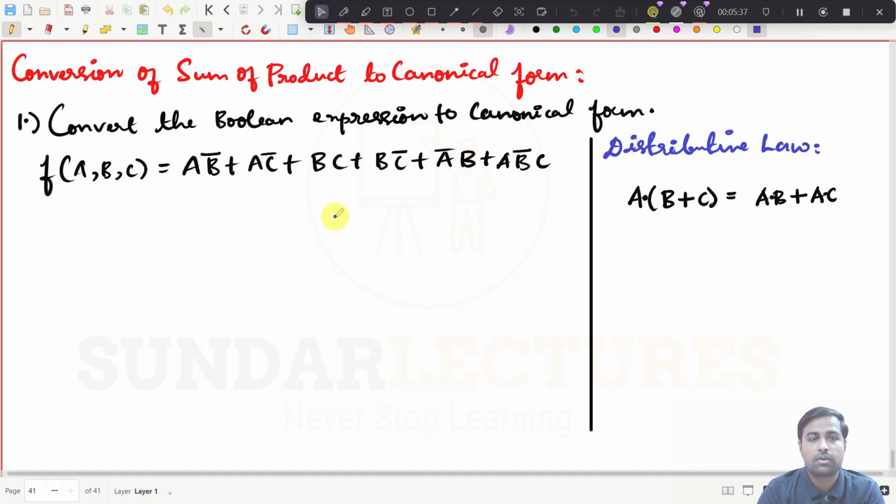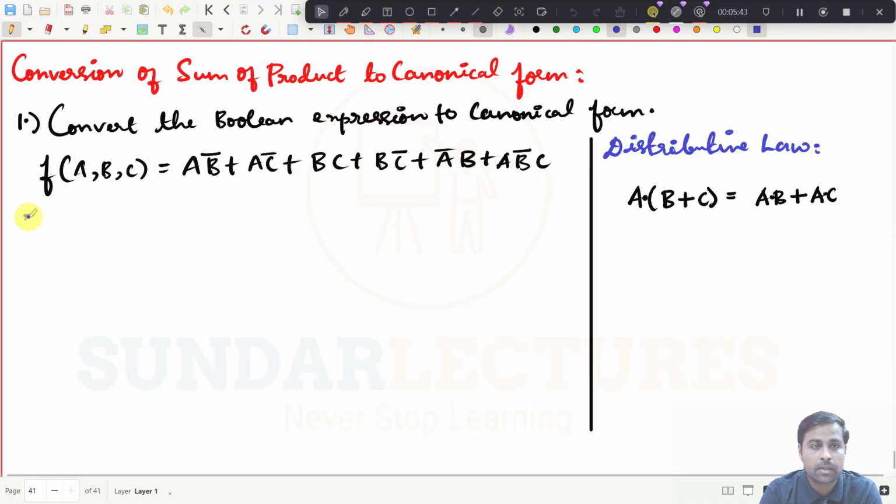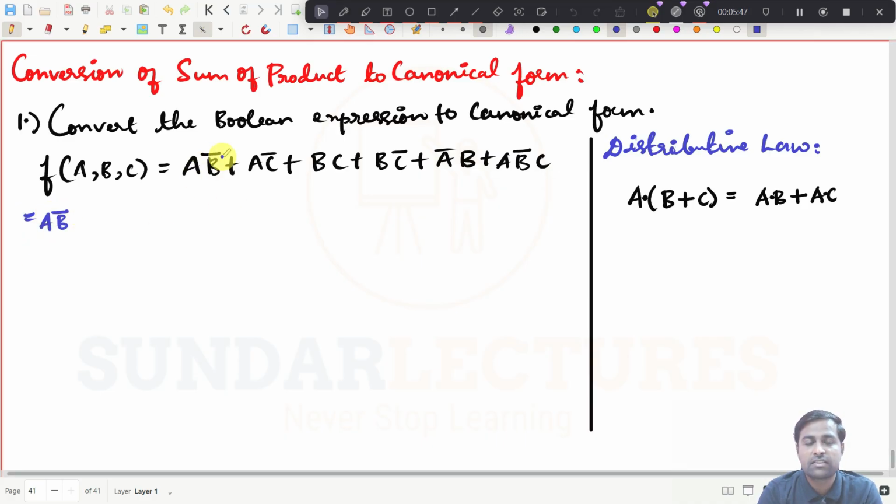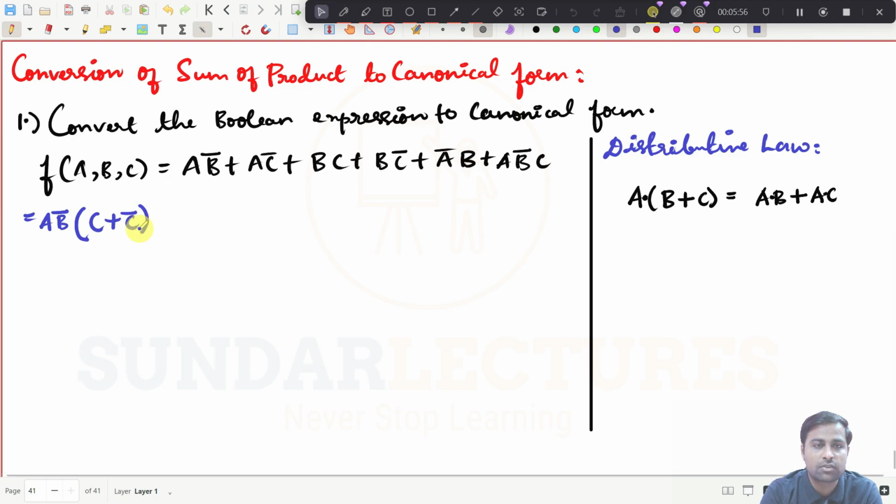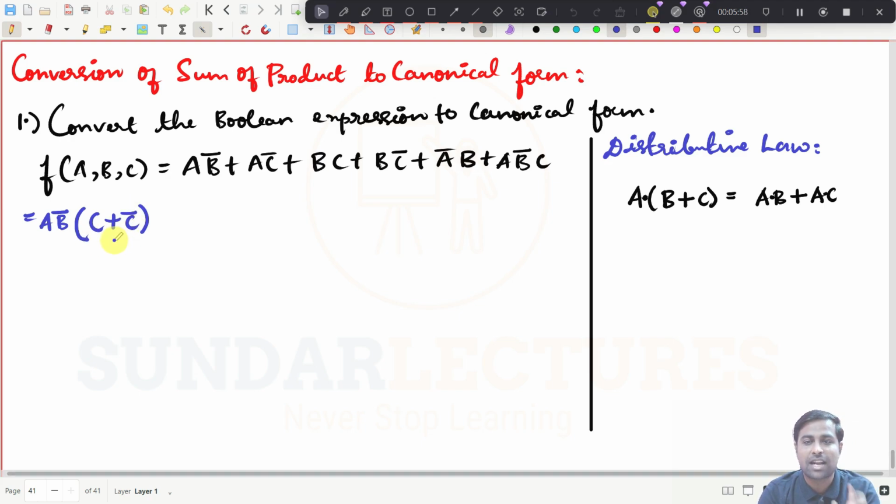So now what you do here, you just take this function, a b bar is there, and the other term you don't have here is c, right? So what you do, you just multiply by c plus c bar. What is this one? Actually, this is stat logic, and if you simplify this, you will get 1 here.